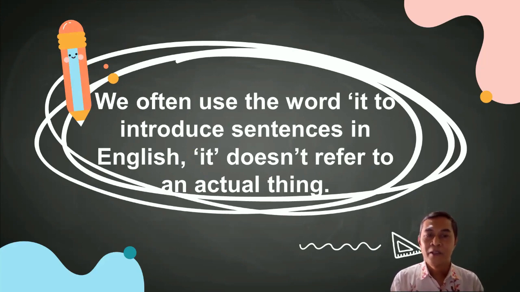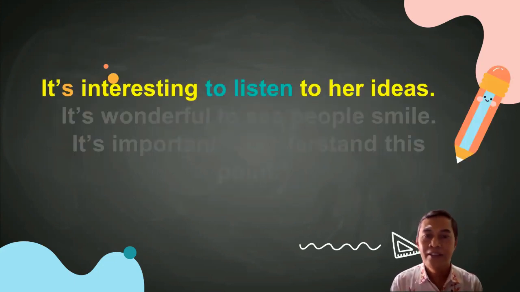When we often use the word it to introduce sentences in English, it doesn't refer to an actual thing. Let's continue with the other examples. It's interesting to listen to her ideas.